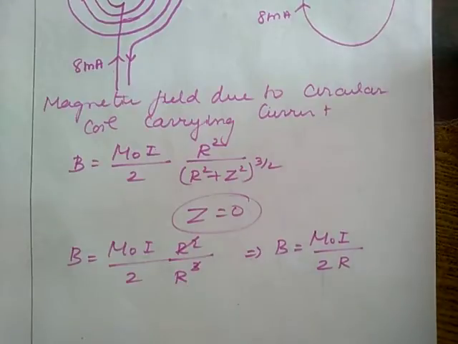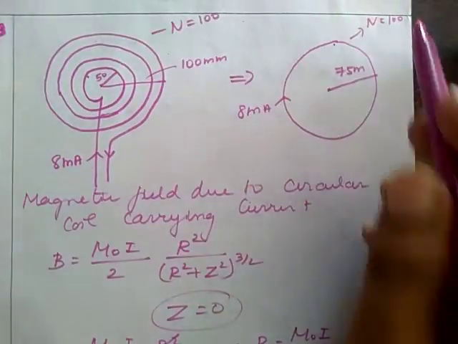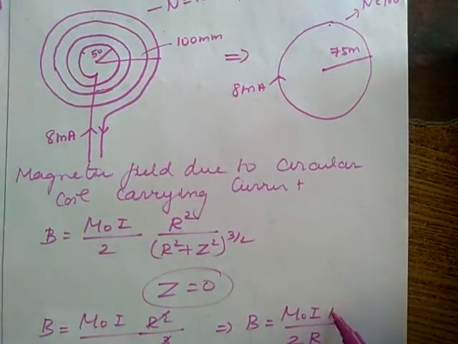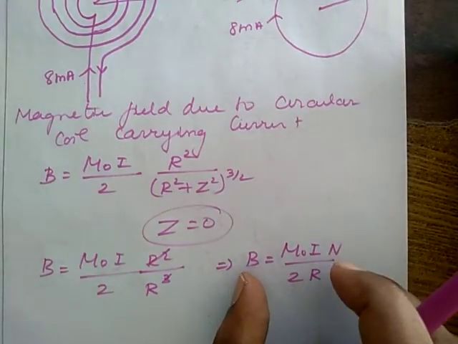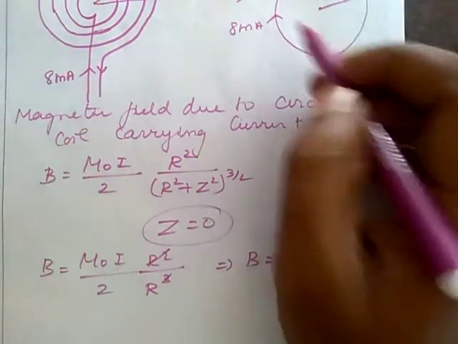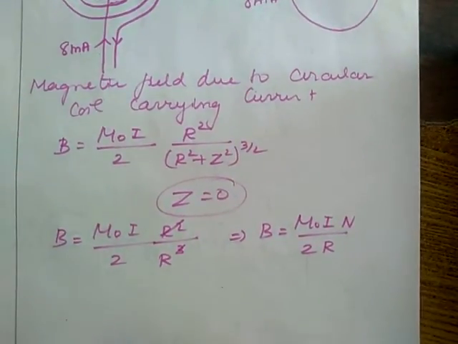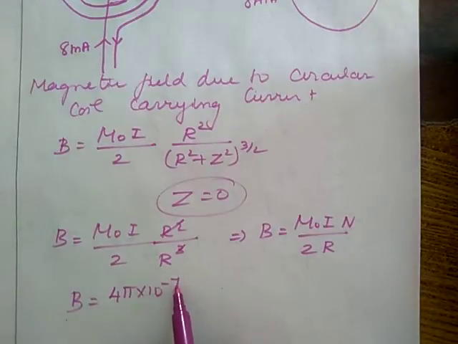This is the expression for a single turn. Here they have indicated 100 turns, so modify the relation with n. Put the n here. For a number of turns, we can find the magnetic field at the center of that loop. So magnetic field B is equal to, we know the value of mu naught, that is 4 pi into 10 power of minus 7.